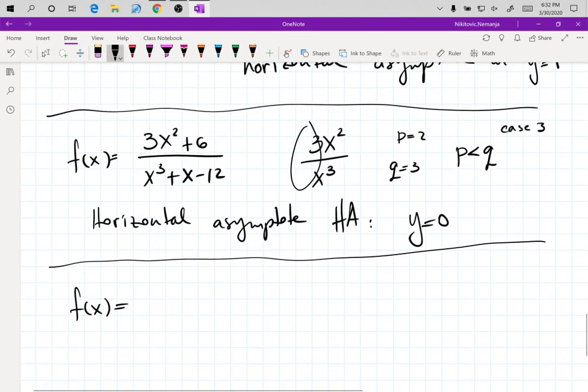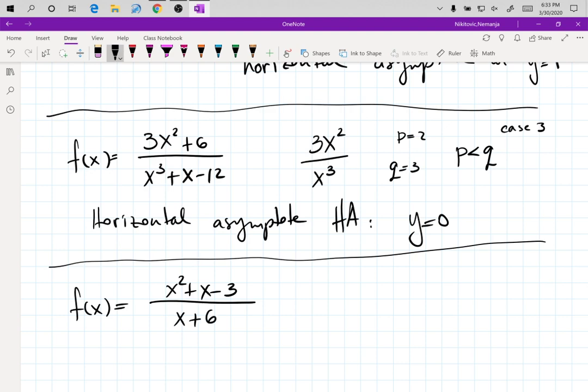Now, we don't have to look at front coefficients at all, because P is not equal to Q, and we can just immediately take a look at case 3. Another one, let's say you have x squared plus x minus 3 divided by x plus 6. Well, in this case, p is larger than q, and that means no horizontal asymptote.